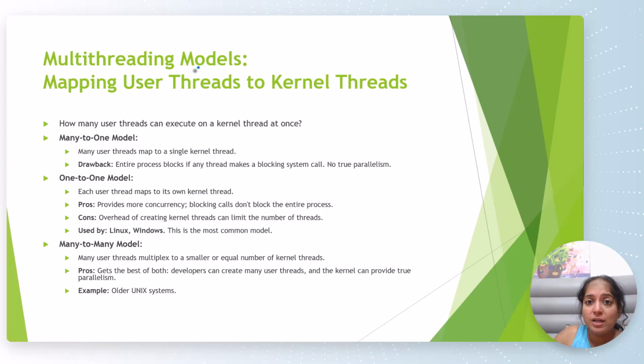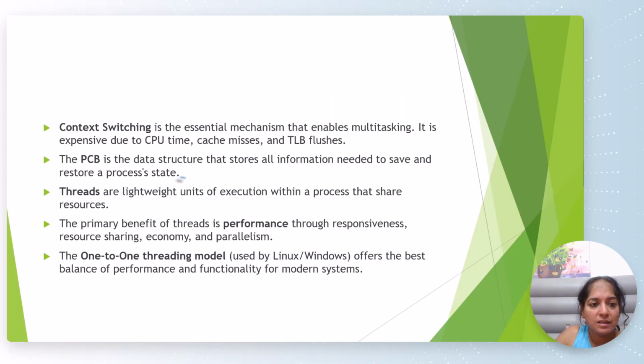In multi-threading models, we can map different user threads and kernel threads. We can have a many-to-one model, one-to-one, and many-to-many model. These are all terms which we have discussed earlier.